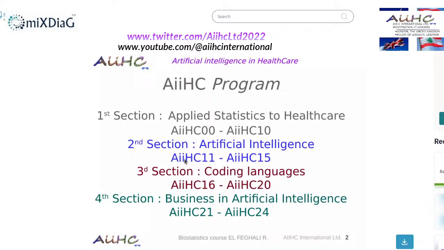Second section, you'll have 5 chapters. It'll be the artificial intelligence, machine learning, and deep learning, and complex also mathematical modeling and algorithms, and so on. Third section is the coding languages, and here also you have 5 chapters, and the last one is 4 chapters. So you'll have overall 25 chapters in this program.